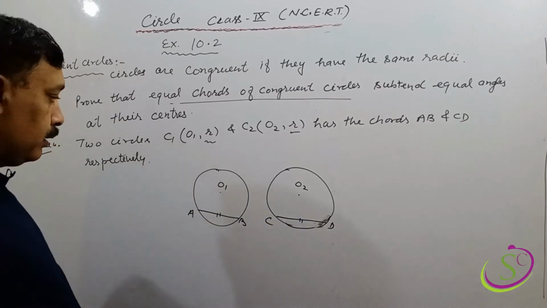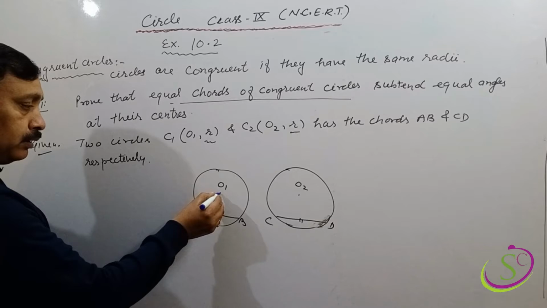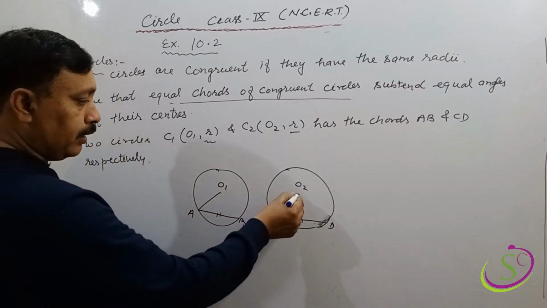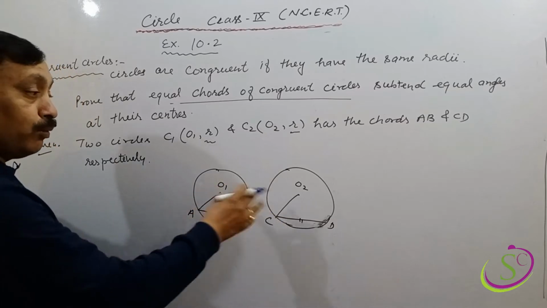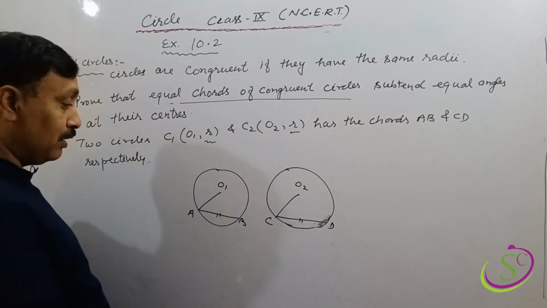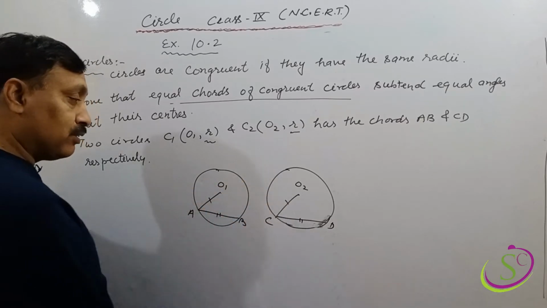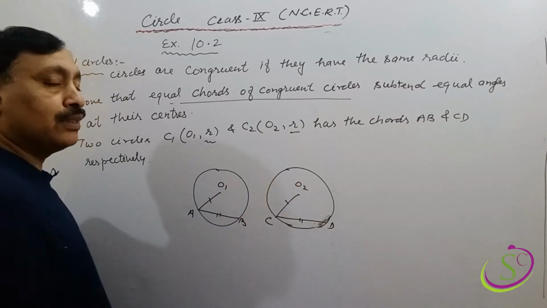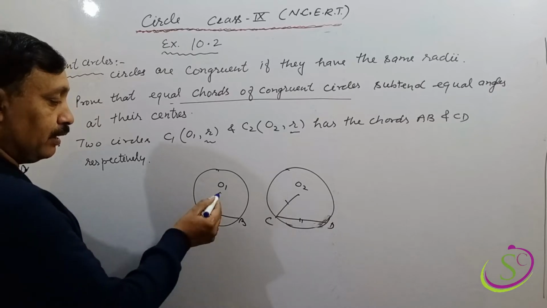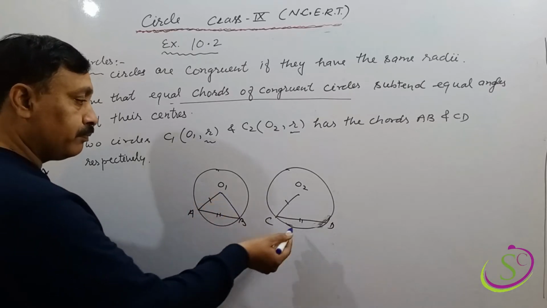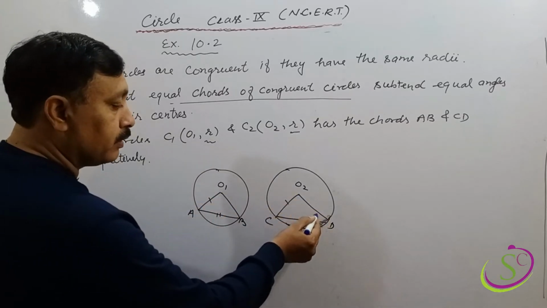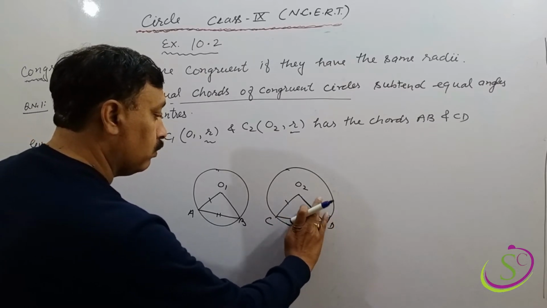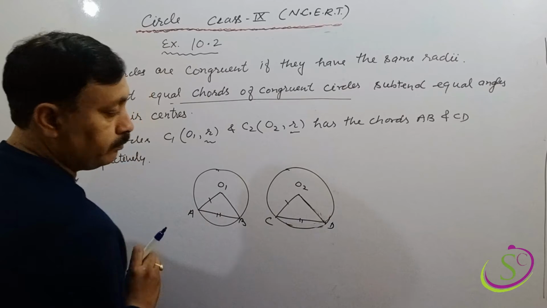Is it clear? And radius O1A and radius O2C, because both the circles are congruent, so these radii are also equal, means O1A and O2C are also equal, and O1B and O2D. Yes, clear?